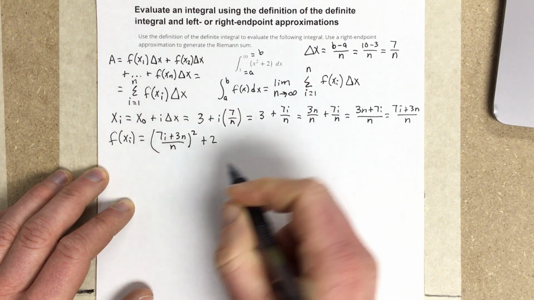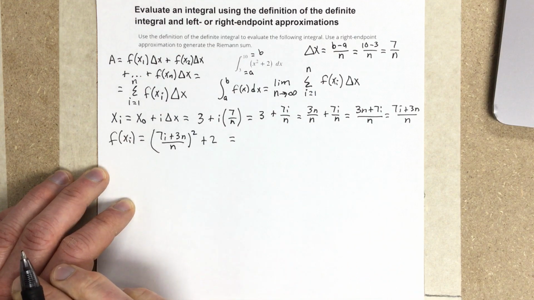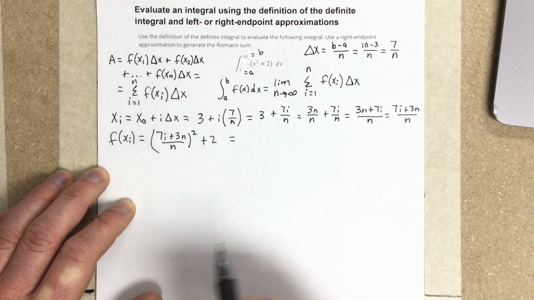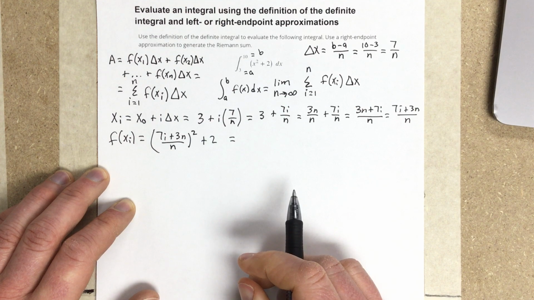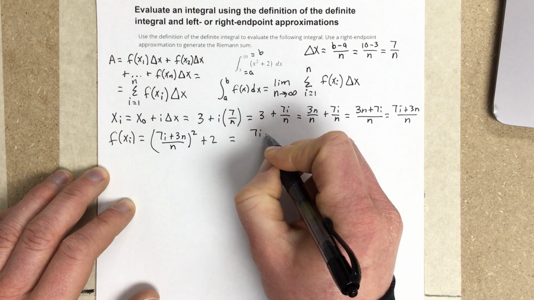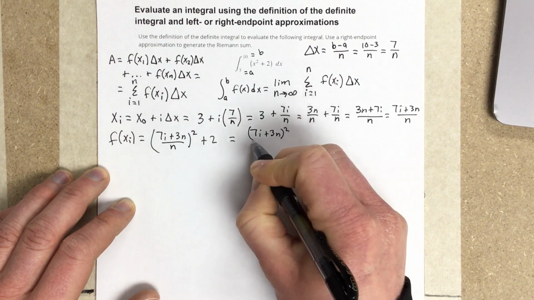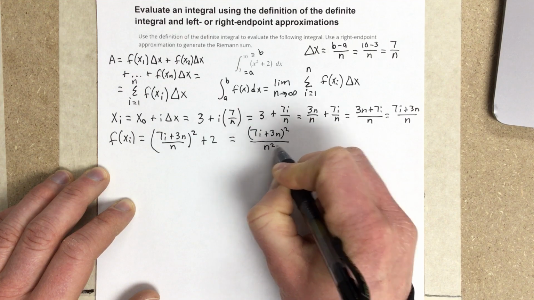And then I'm going to square this piece in there. So we're just going to write this as 7i plus 3n squared over n squared plus 2.